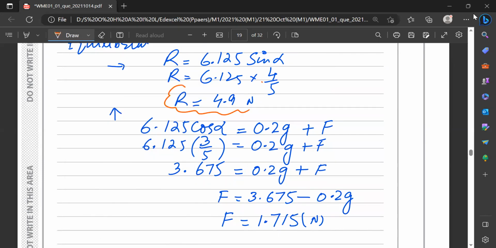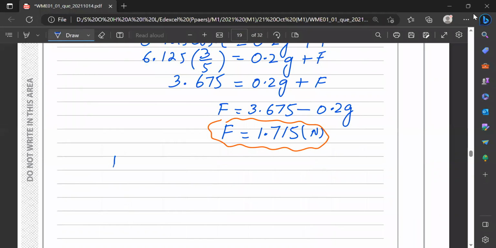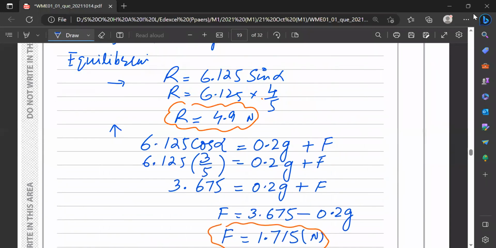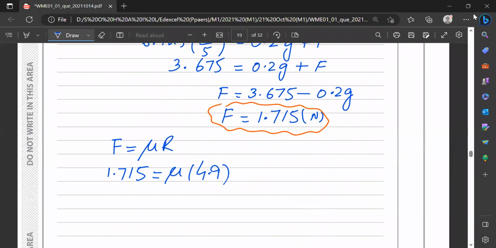So we got the value of R and the value of F. Using the formula for friction, friction is equal to mu R. So friction is 1.715, mu is the question mark, and R has the value 4.9. So mu is equal to 1.715 over 4.9, the answer.